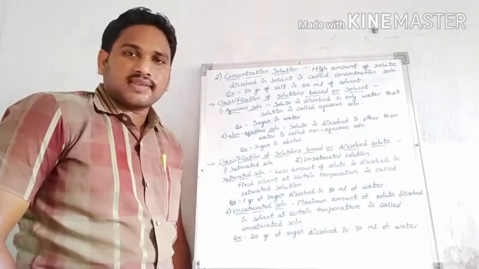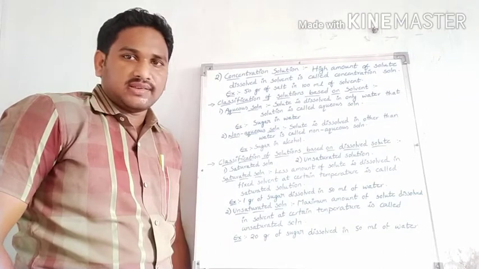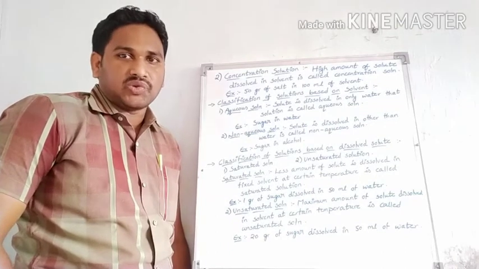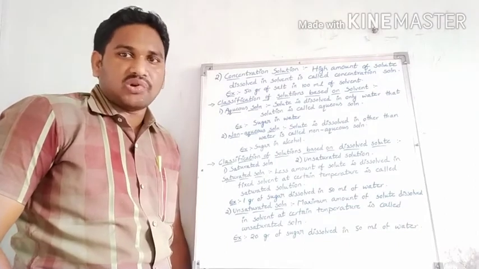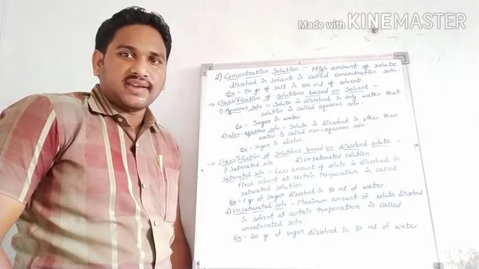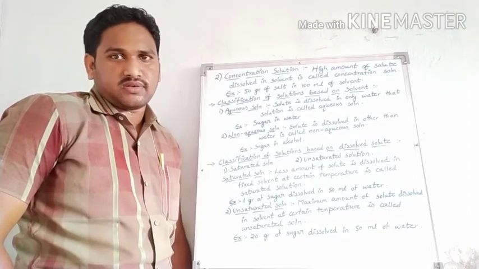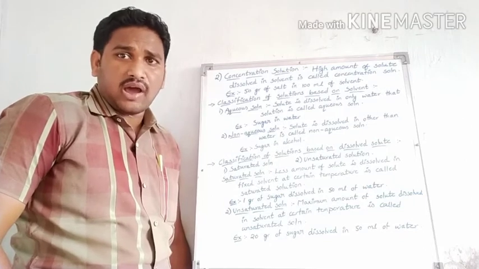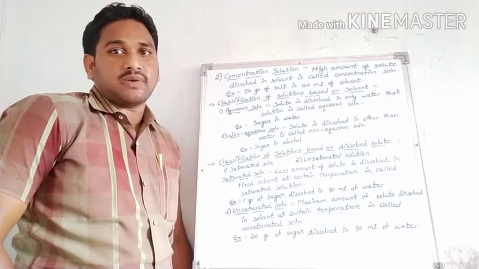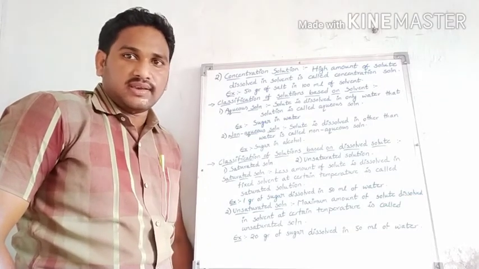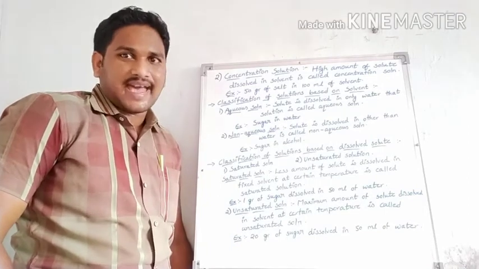For example, 1 gram of sugar is dissolved in 100 ml of solvent at 25 degrees Celsius. We do not change the temperature, we only take room temperature, and no more amount of solute is dissolved in the solvent. That solution is called a saturated solution.